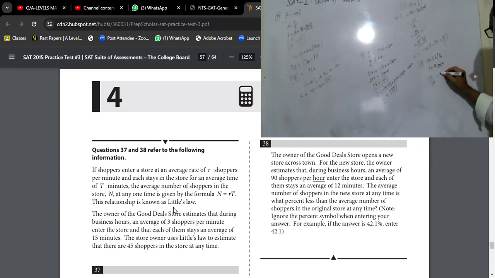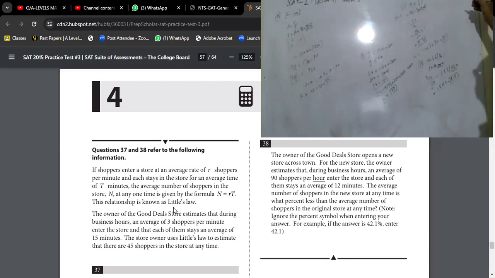So that is equal to 1.5 shoppers per minute. Since they are going to spend 12 minutes there, 1.5 into 12, so 18 shoppers are there.